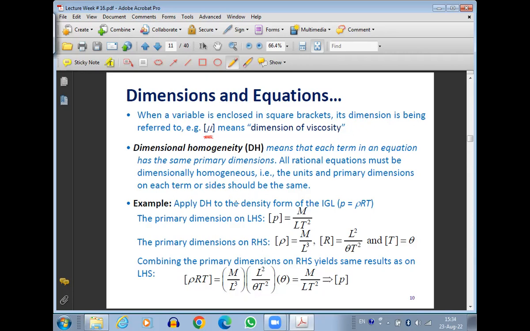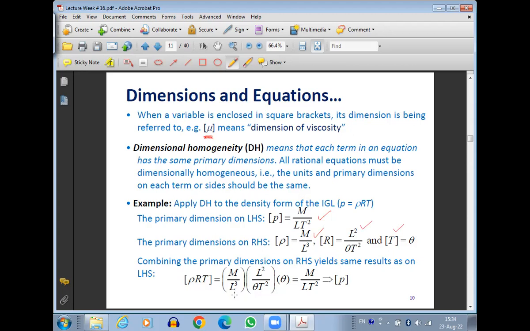For example, apply dimensional homogeneity to the density form of the ideal gas law, which is P equals rho RT. P is M over LT squared, rho is M over L cubed, R is L squared over theta T squared, and T is theta.